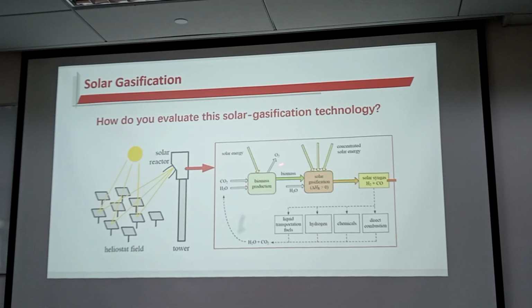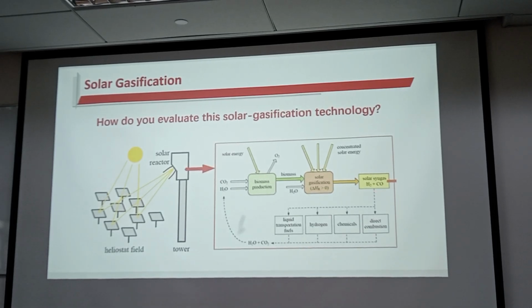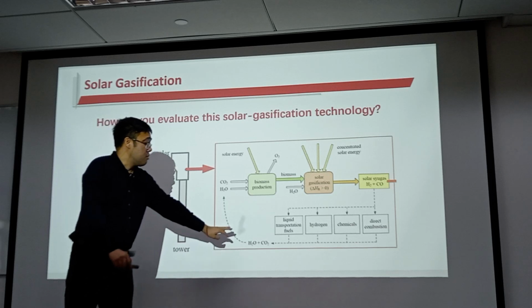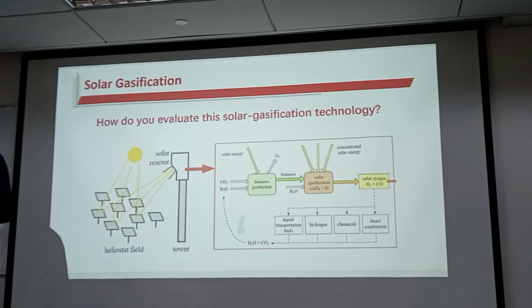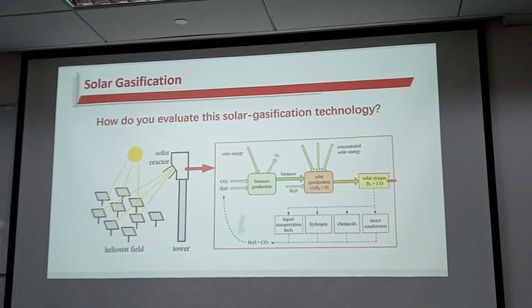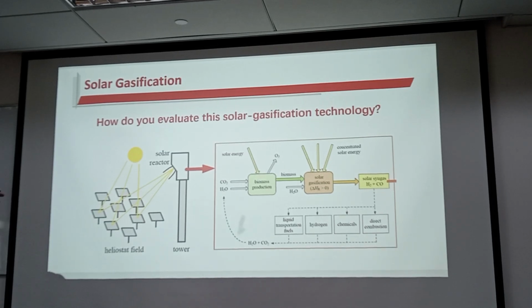From this figure provided by the researcher, I also get another piece of knowledge. For example, from the solar syngas part, the useful gas composition is hydrogen and carbon monoxide. Usually, in practice, we need to separate the carbon monoxide and hydrogen from other gases.